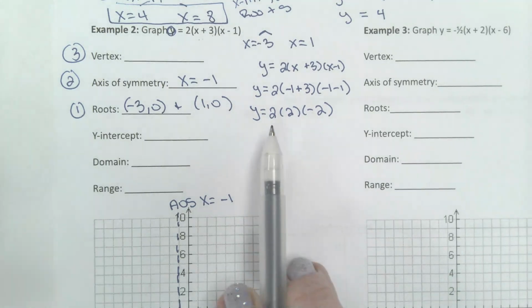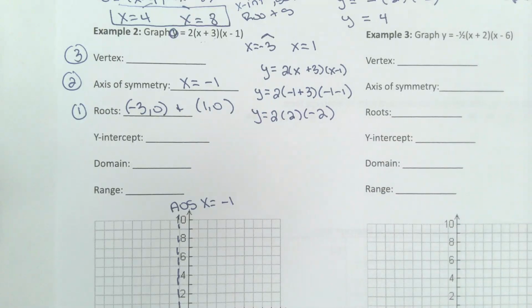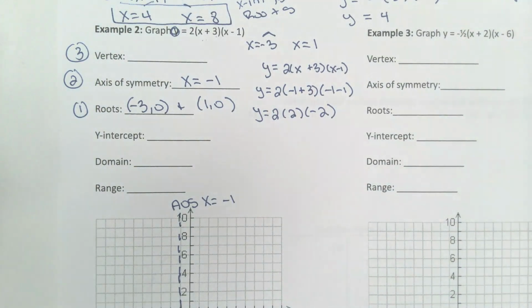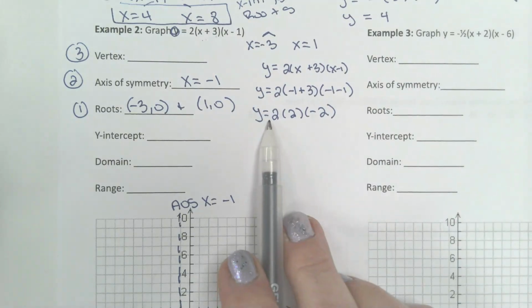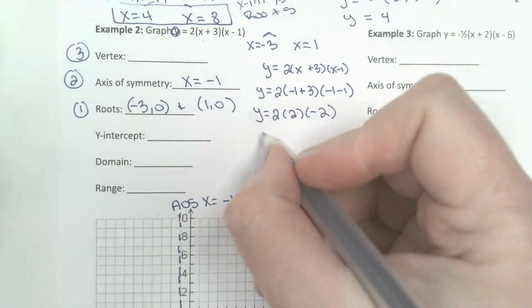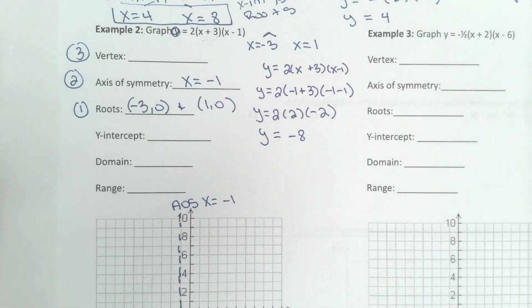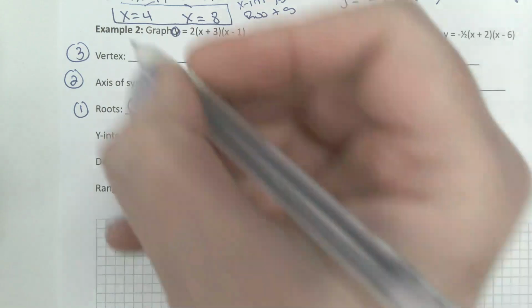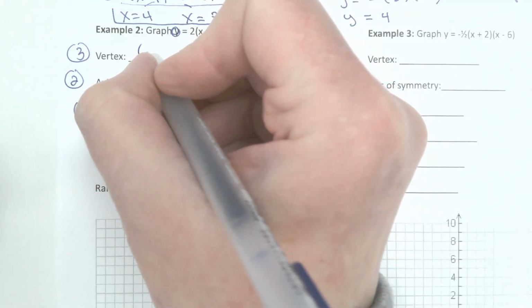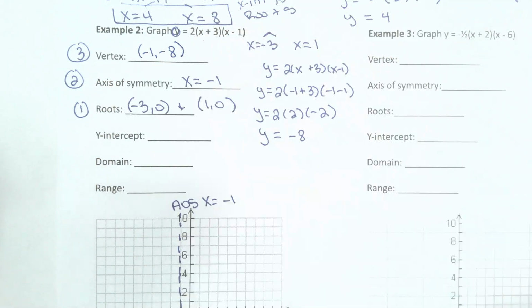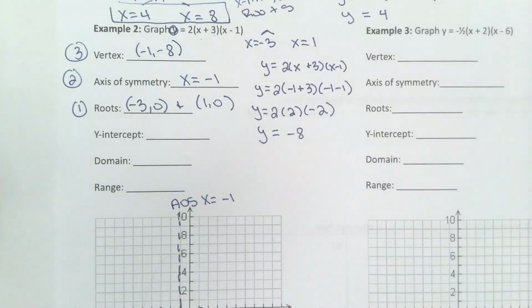So in the first parenthesis, that added up to 2. In the second parenthesis, that added up to -2. And when I multiply 2 times -2, I get -8. So my vertex, now I know, is at -1, -8.